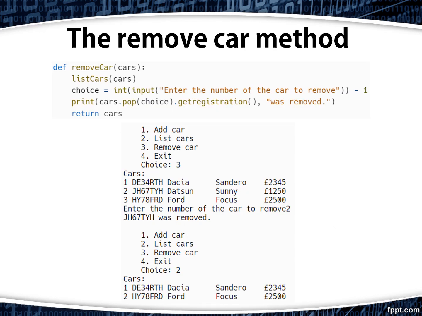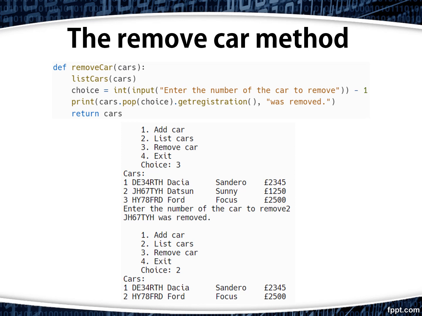This is the remove car subroutine that takes the cars array as a parameter. First, we call the list cars subroutine that we just created. We then get a choice off the user that takes account of the fact that each car in the array will be in a position one less than the number that it displays here.